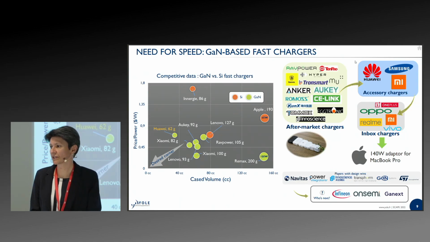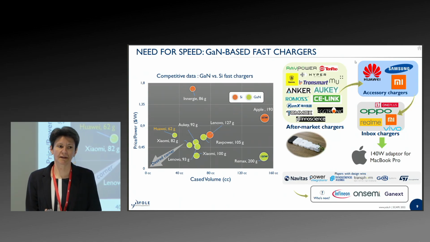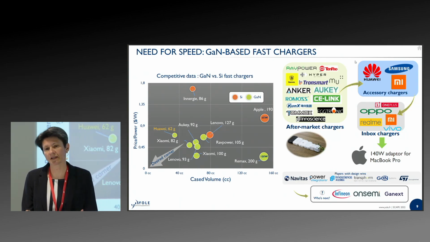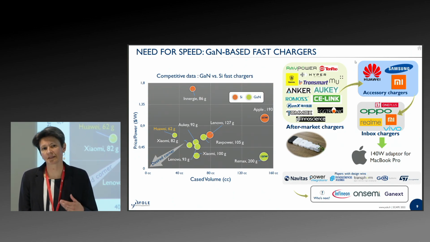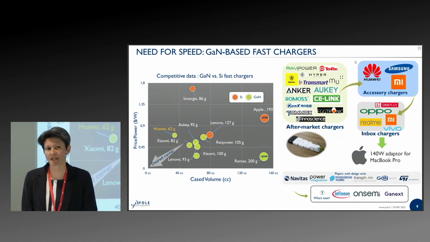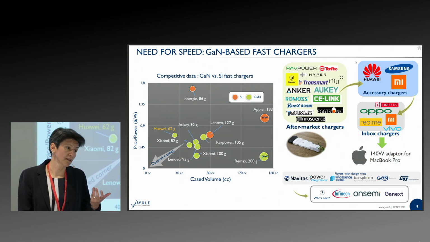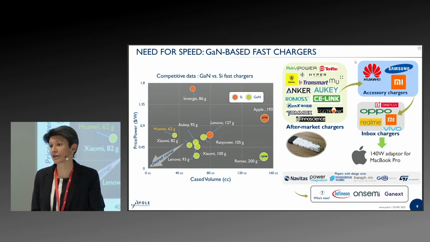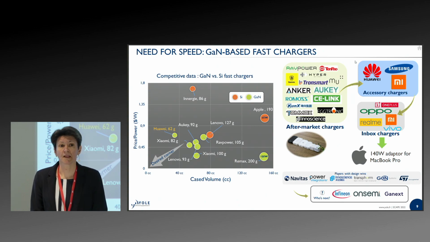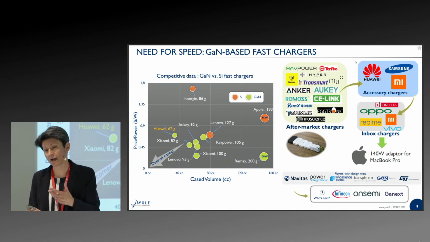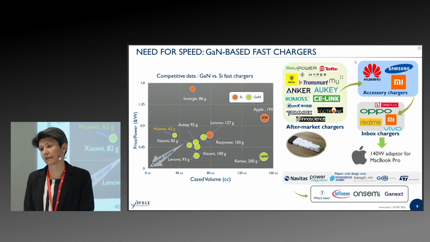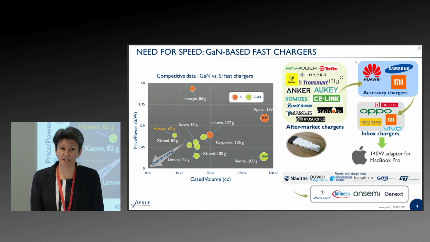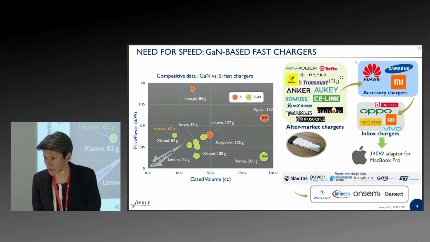We all know that smartphones are getting bigger screens, bigger batteries, more 5G capabilities, so they're really draining the battery down. And we as end users need to charge our phones very often, which is why we've seen this GaN technology, delivering higher power efficiency and higher power density than some of the silicon technologies, and also enabling miniaturization.